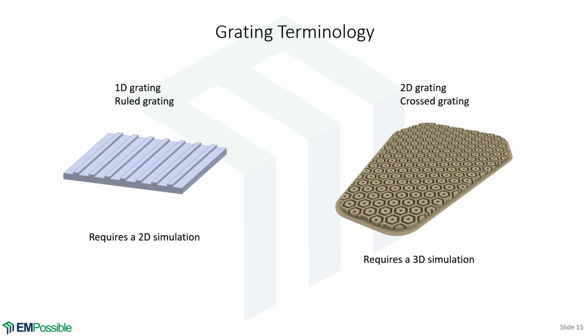Our 1D grating requires a 2D analysis. Our 2D grating requires a 3D analysis. Because the 1D, 2D, 3D stuff is a little bit confusing, I tend to call the first ruled gratings and the second crossed gratings, and it eliminates confusion. So we're talking about crossed gratings in this section of the notes.